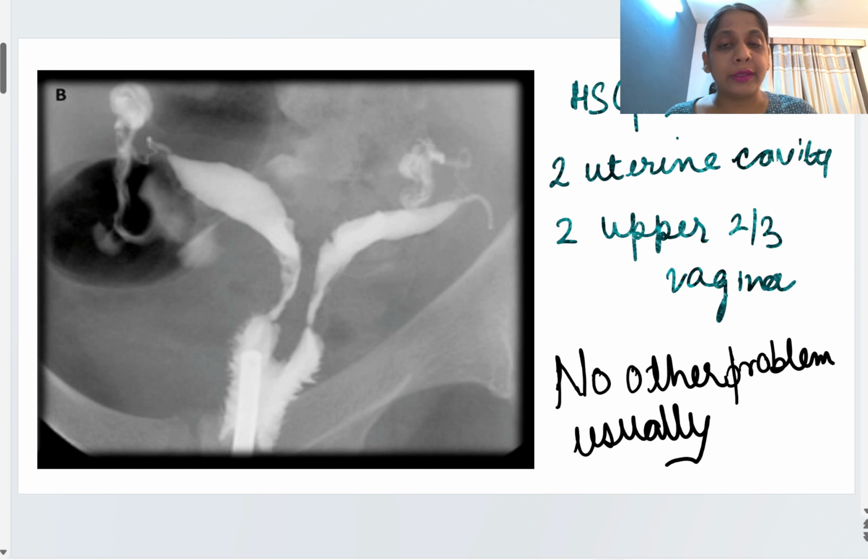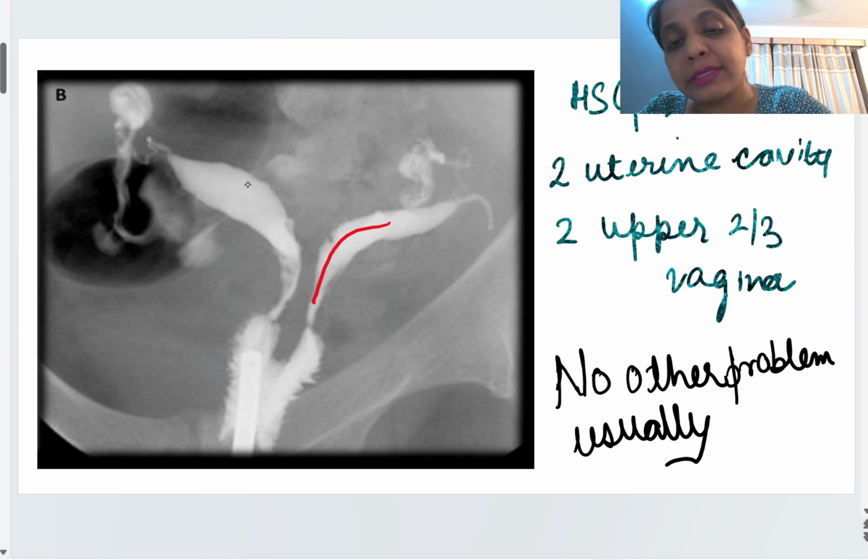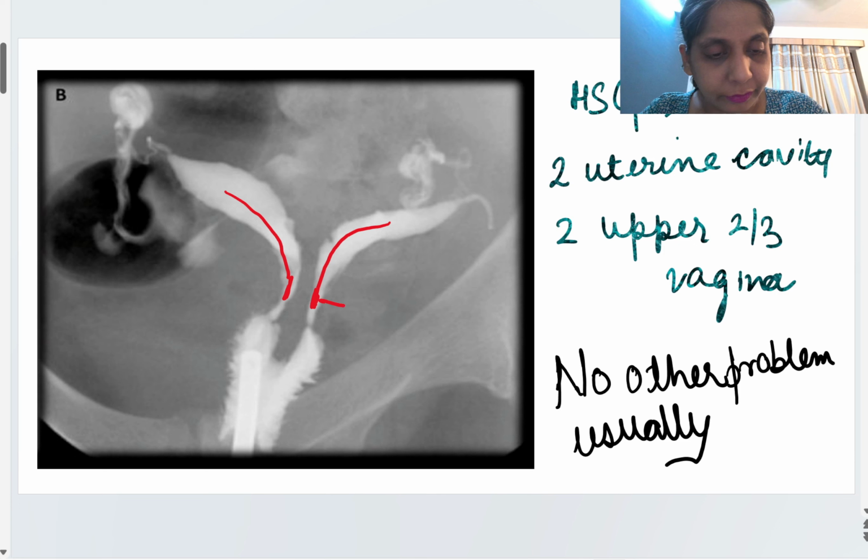Okay, once again I will focus for you the image of HSG of uterus didelphys. See, you can see here this is one uterus cavity and this is another uterus cavity. This is a cervix, one cervix, two cervix, and this is the upper two-third vagina.